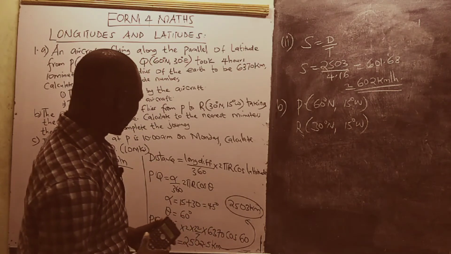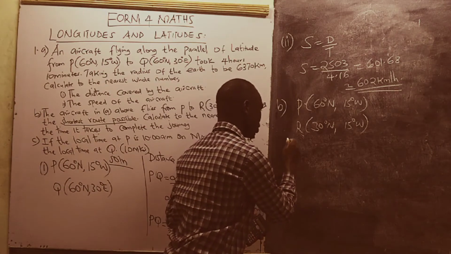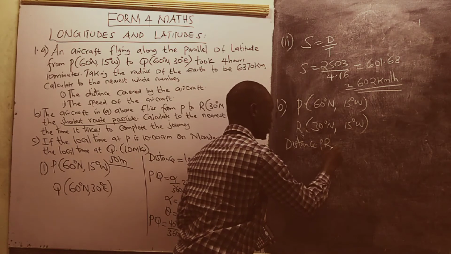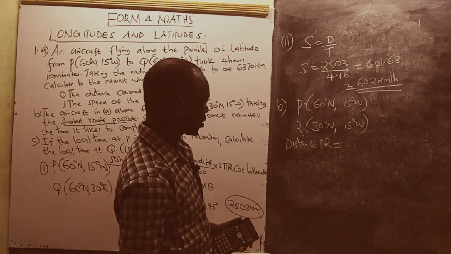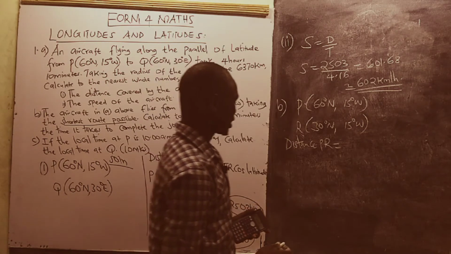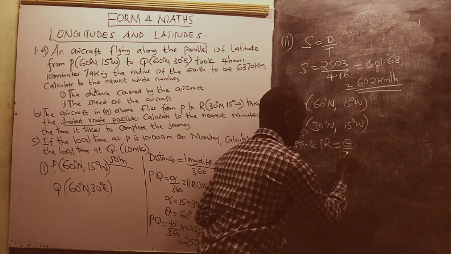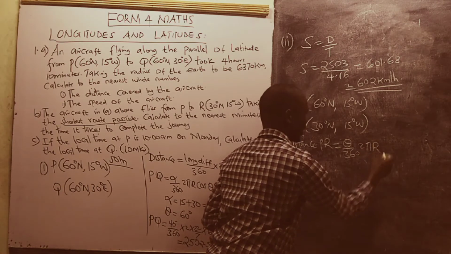So what are we supposed to do first? We are supposed to get the distance between PR. So distance PR, since they are on a great circle, to calculate the distance between any 2 points on a great circle, the formula is theta over 360 multiplied by 2 pi r.